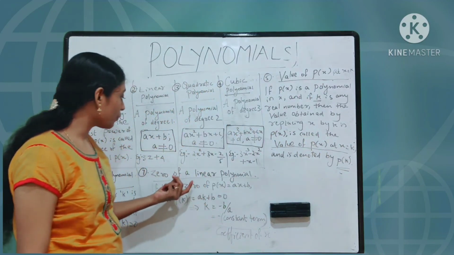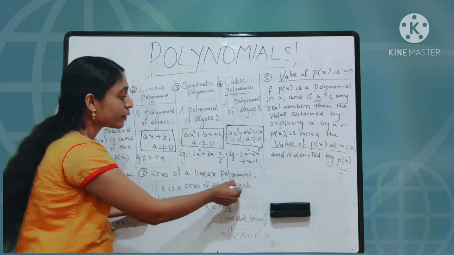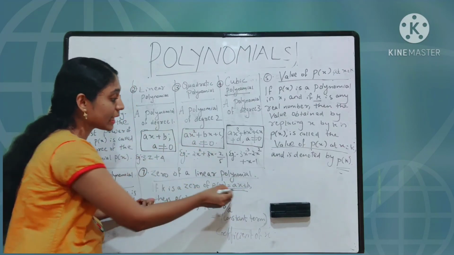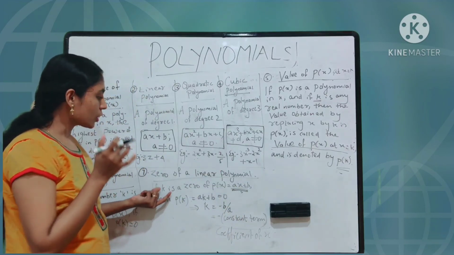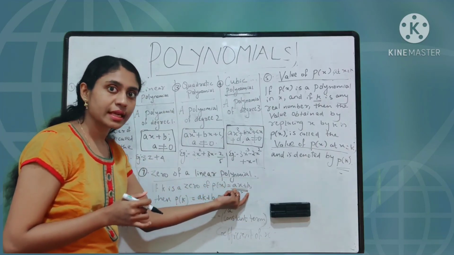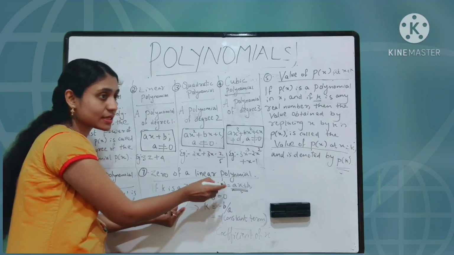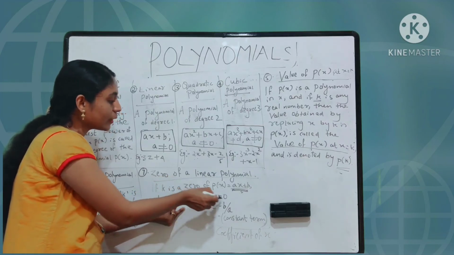And what about 0 of a linear polynomial? If k is a 0 of p of x is equal to ax plus b, because ax plus b is an example of a linear polynomial, its general form, then p of k is equal to, substituting x by k, ak plus b, and it is given that it is equal to 0.